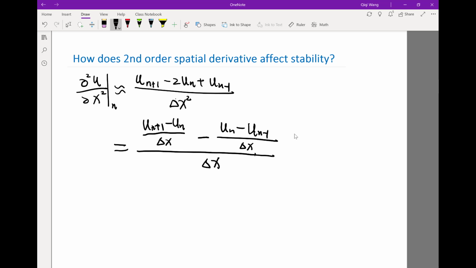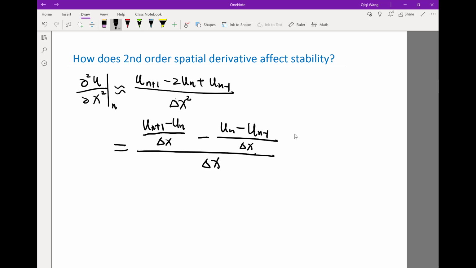Do you see what I'm doing here? I am basically saying that the second order derivative theoretically is a first order derivative of the first order derivative, right?